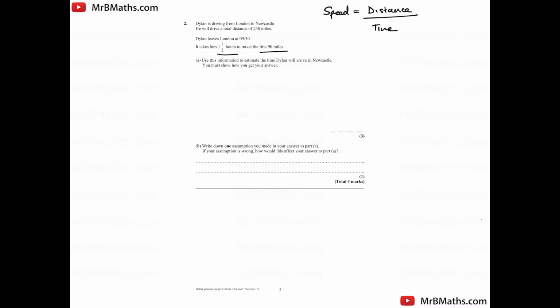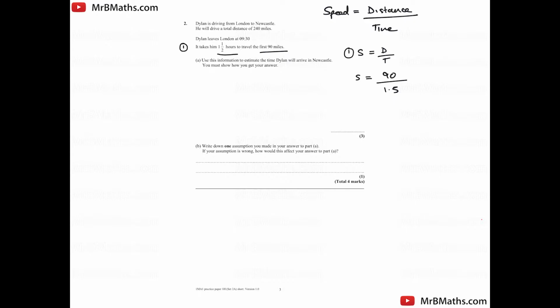And from that, we can work out the speed. So for this first section, so if I just put a little 1 there, that will be speed equals distance over time. So speed equals distance, which is 90 over time. So time here would be 1.5 to keep it in hours.